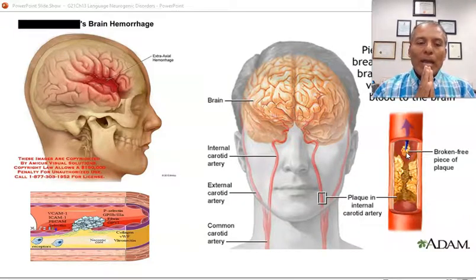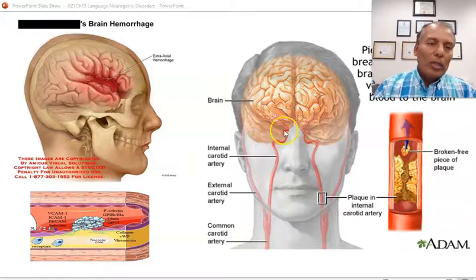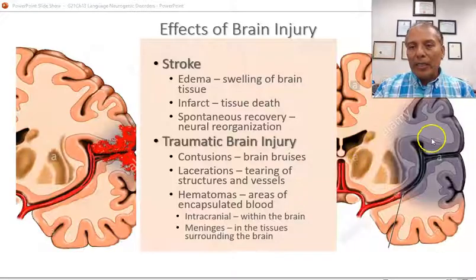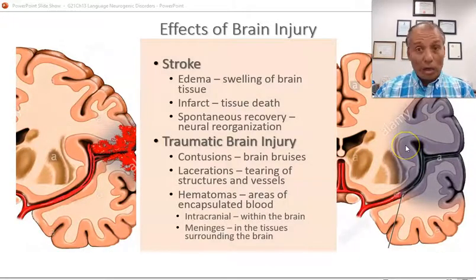When you shut down a blood vessel like this, all the area that it is feeding begins the process of cell death. When the tissue actually dies, we call it an infarction or an infarct.